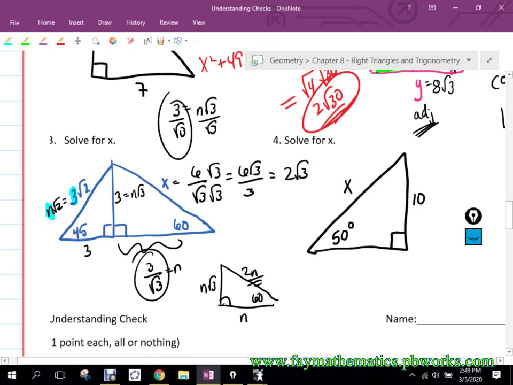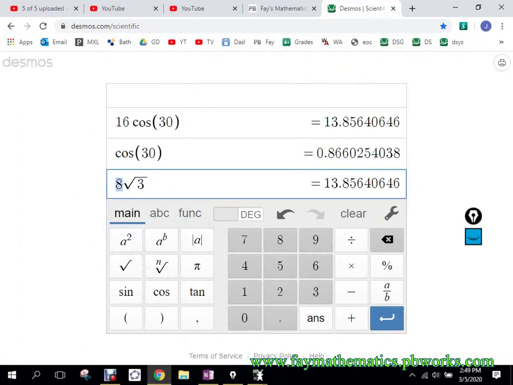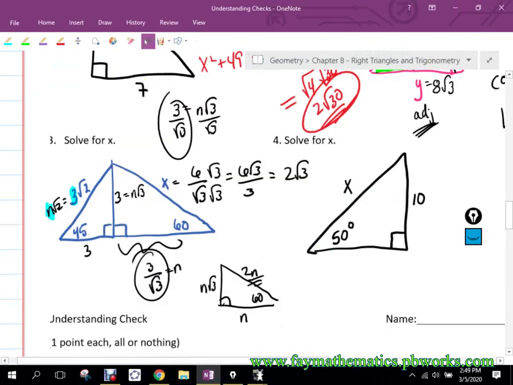Okay. If you used SOHCAHTOA, I'm just going to put 2 radical 3 in here as a decimal. You got something in the ballpark of 3.46. With SOHCAHTOA, here you would use sine of 45 is equal to opposite over 3 radical 2. And that will give you still that 3 right there. And then down here you would use sine again, sine of 60 equals 3 over x.